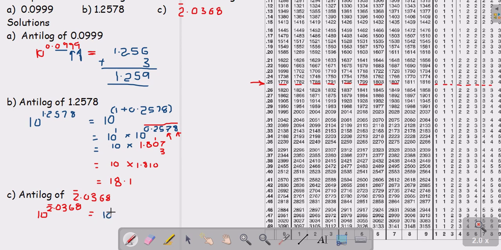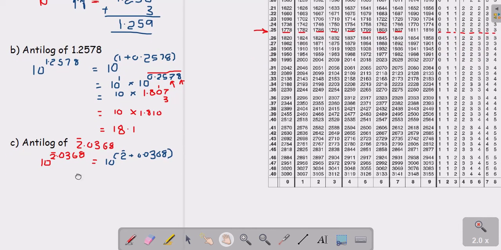It will be 10 raised to power, we have here 2 bar, then plus the fraction part or the decimal part is 0.0368, like that.